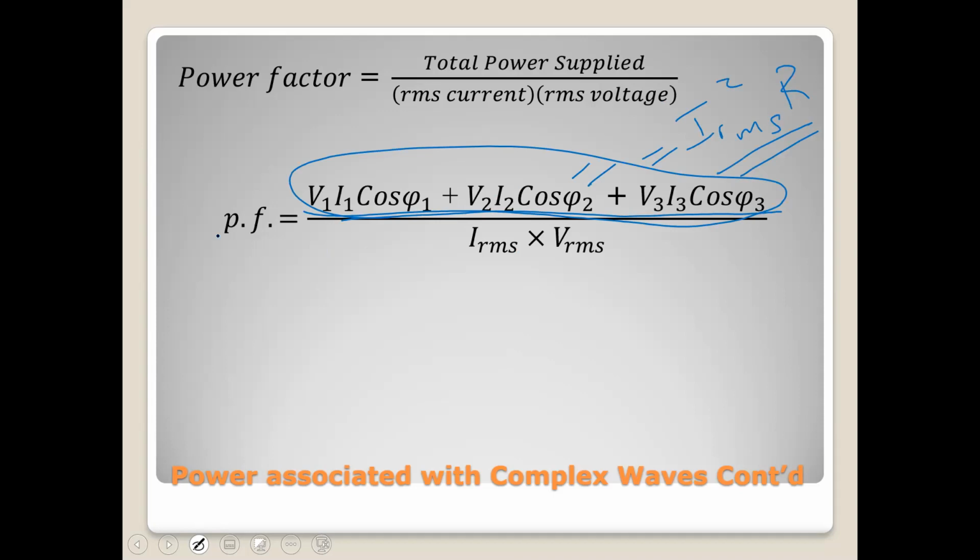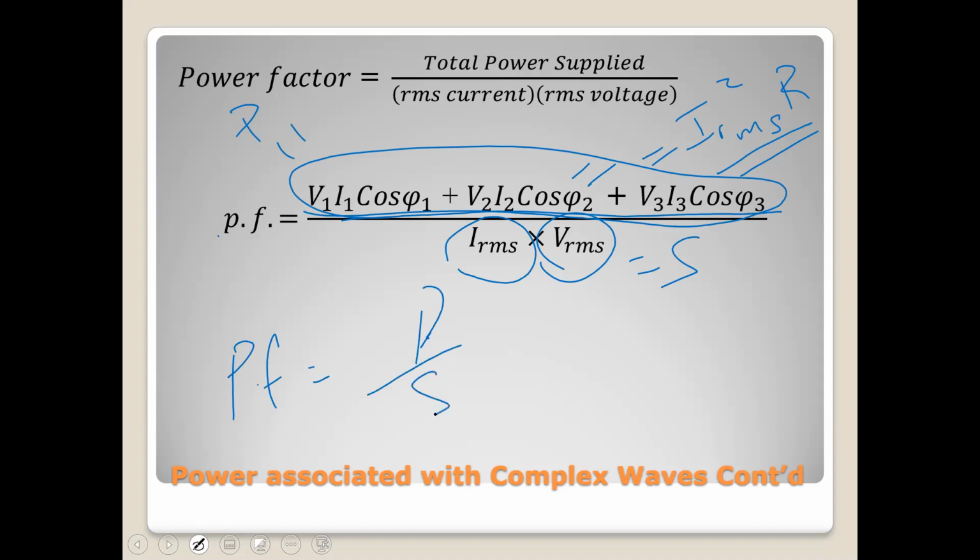When you do that, you'd have gotten P. When you multiply I times V, we get S. And we know that power factor is equal to P over S, active power over apparent power. Any other questions with what we just did?